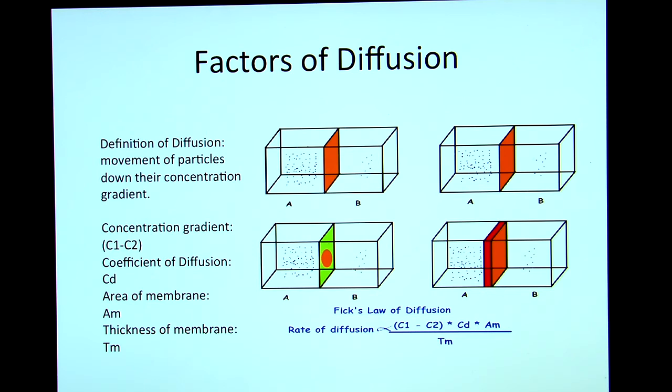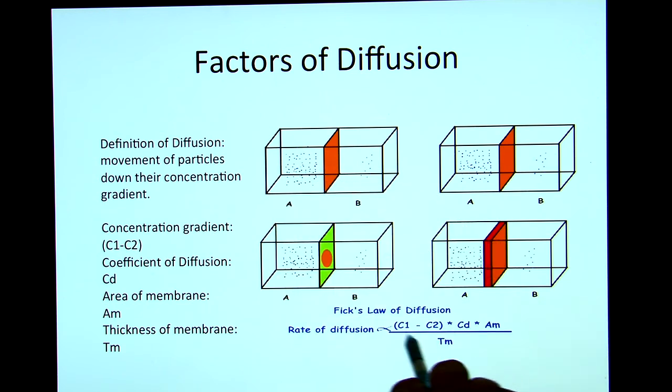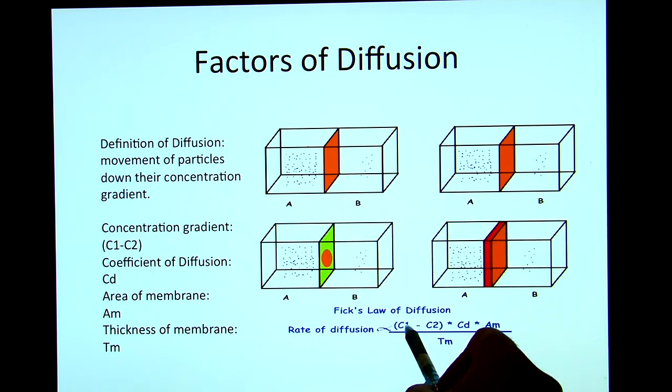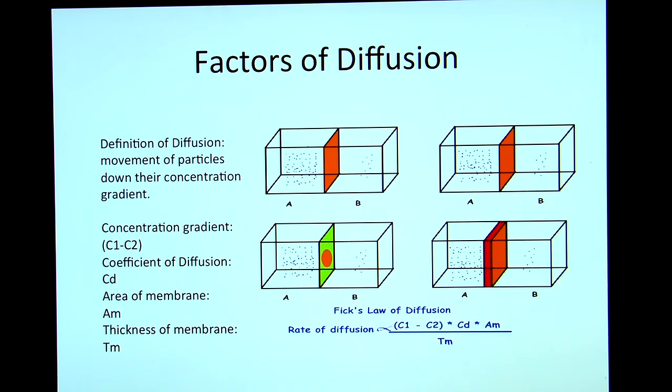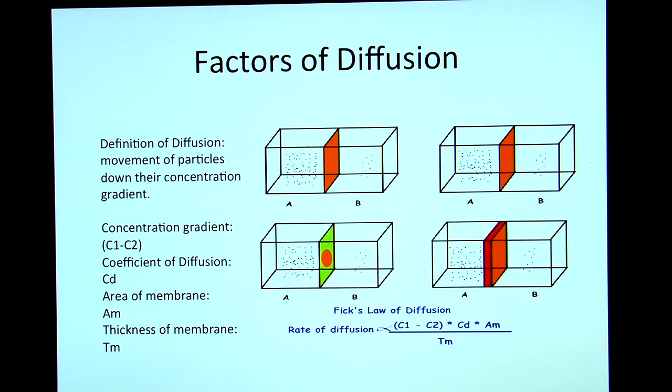Now, the movement of particles going down their concentration gradient automatically makes the concentration gradient, the difference between concentration in A compared to B, or concentration of 1 compared to 2, however you want to look at it, a big factor. Particles are going to move downhill, so to speak. So if you're talking about a solute particle, it is going to move in this direction from A to B as written.